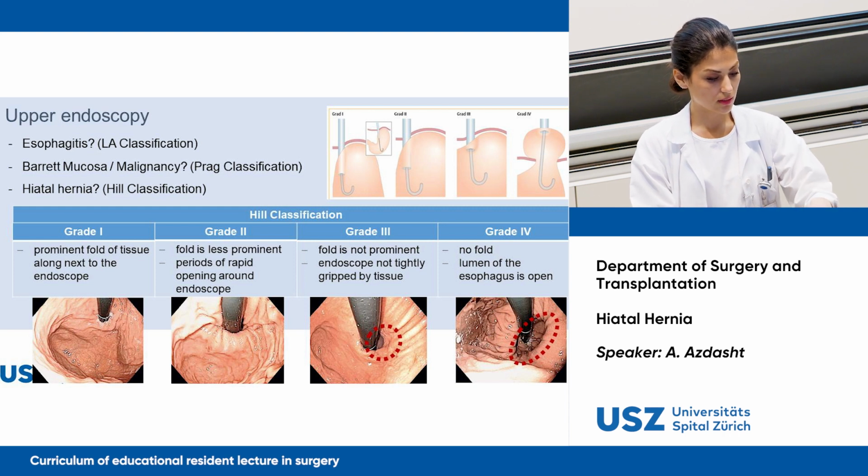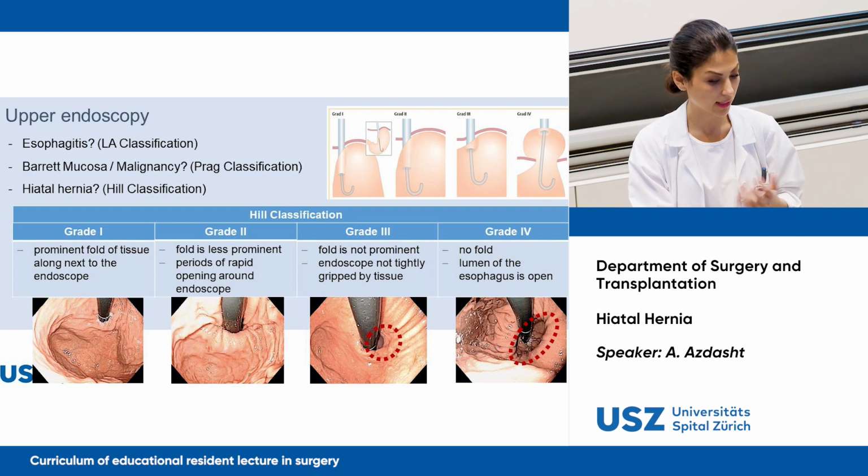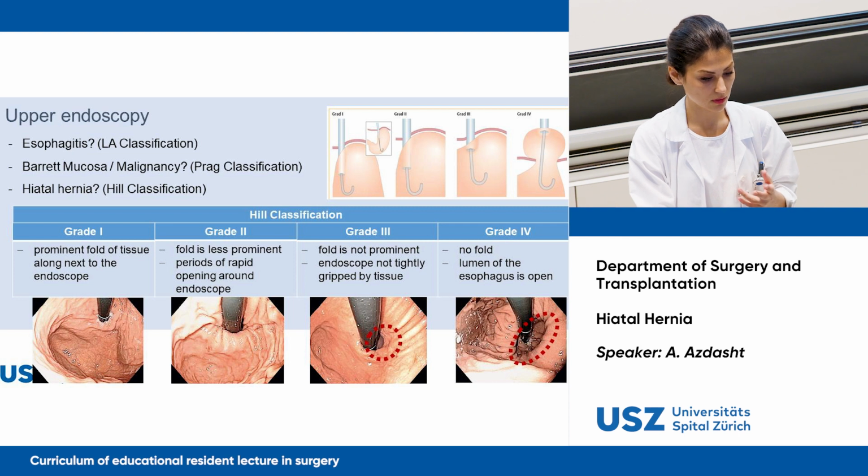Here you can see that around the endoscope we have a prominent fold, and in grade 1 it is sitting tight around the endoscope, whereas in grade 2 we can find periods of rapid opening and closing around the endoscope. Whereas higher Hill grades are associated with hiatal hernias. So this is an indirect sign of a hiatal hernia.